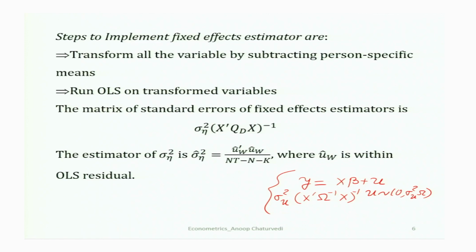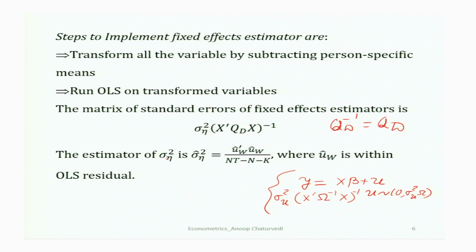Now, here in place of sigma square u, you have sigma square eta, and then Q_D inverse is equal to Q_D. So, you get (X transpose Q_D X) whole inverse.